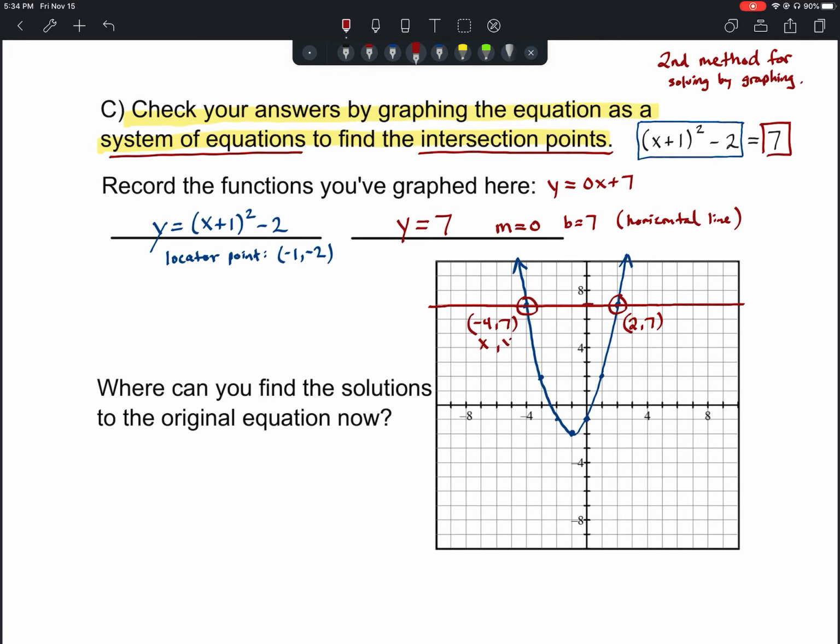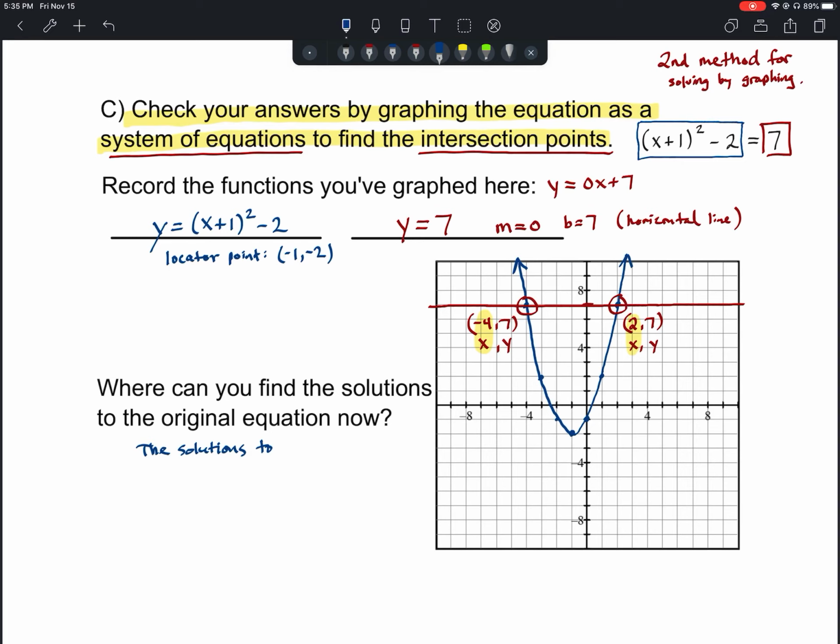And I think it's pretty safe to say here, since we are checking our answers from the last one, that our solution now is going to be the x-coordinate of those intersection points. So let's jot that down. Where can you find the solutions to the original equation now? The solutions to the original equation are the x-coordinates of the intersection points.